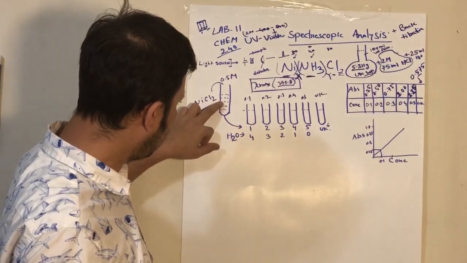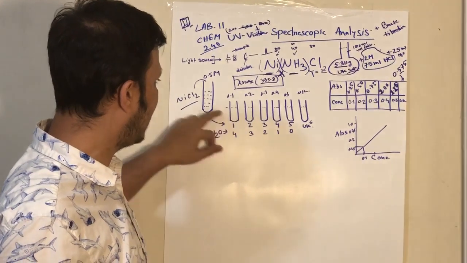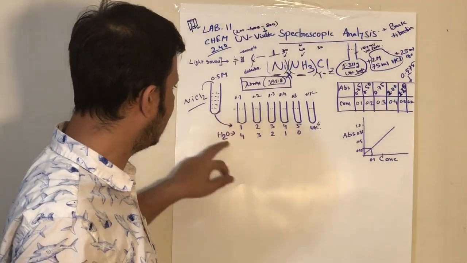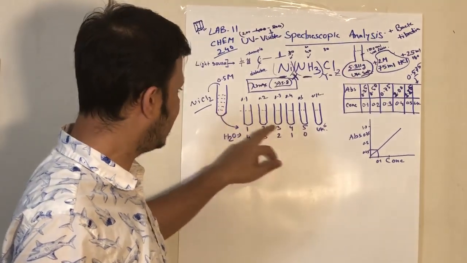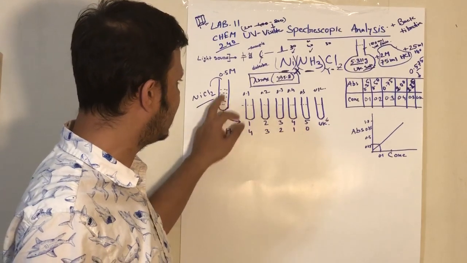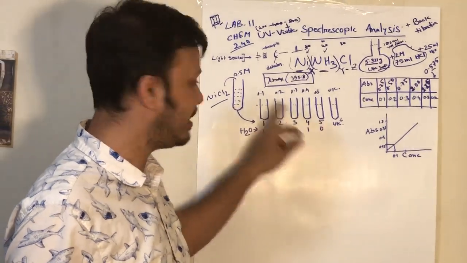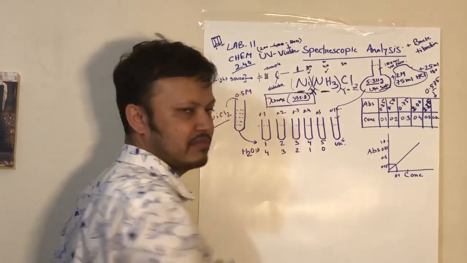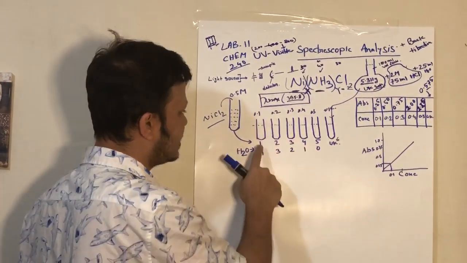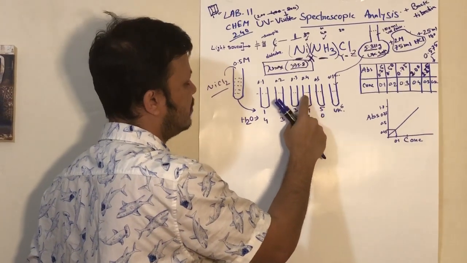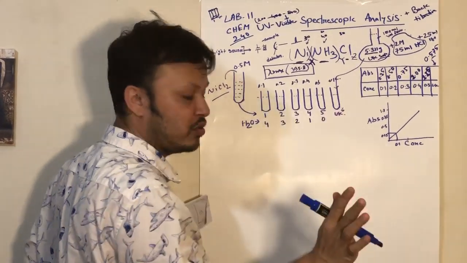You will take 1 ml of this and 4 ml of water, 2 ml of this and 3 ml of water, 3 ml of this and 2 ml of water, 4 ml of this and 1 ml of water. The total is 5 ml, and this one is the unknown, 5 ml of this one. Clear? So the concentrations will be 0.1, 0.2, 0.3, 0.4, 0.5, and this is the unknown, you don't know.